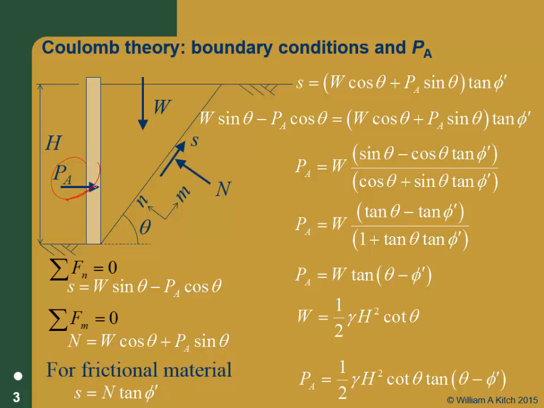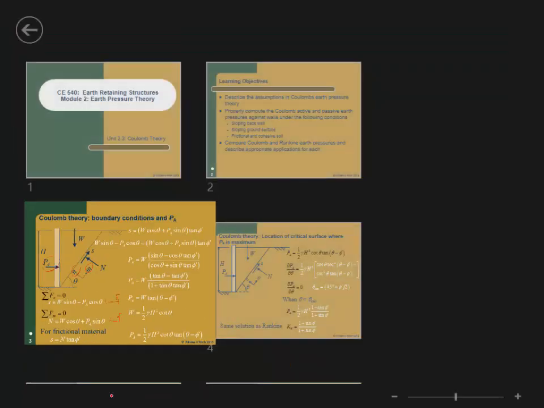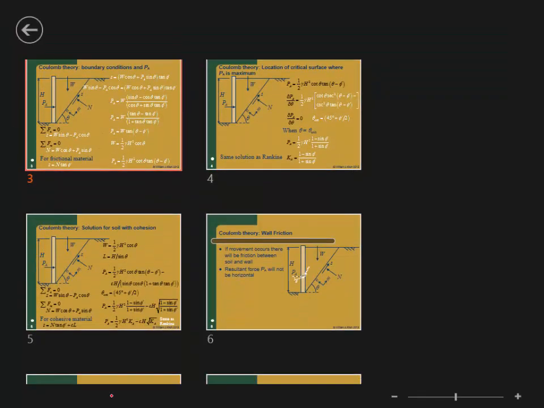If we have a delta in here, then when I sum forces in the m and n direction, I'm just going to have another term in here that's going to be related to delta. It's not going to change anything. I know delta. We're going to fix delta first, so we can solve the problem. It's just got another term in it. So that's what Coulomb did.